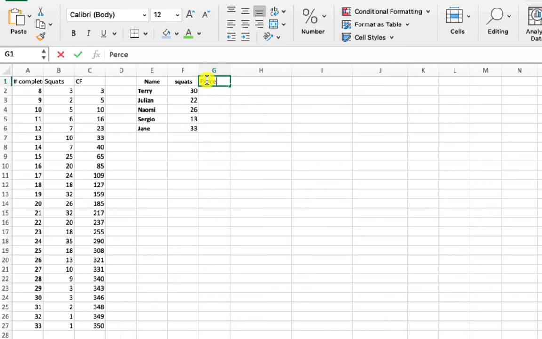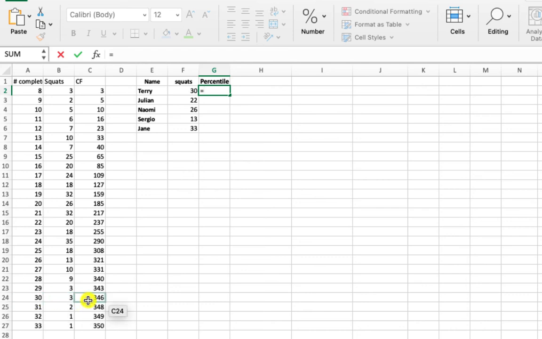Then we can calculate our percentile for each individual by taking the cumulative frequency at their squat score, dividing by the total sample size, and then multiplying by 100 to convert to a percentage. At 30, we can see 30 squats performed.